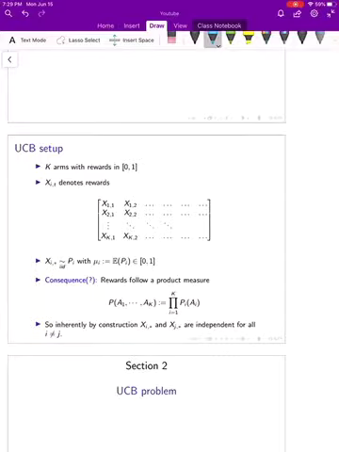So we have K arms, the capital K arms. So think of K slot machines in a casino, 1, 2 through K, and each slot machine or an arm gives you a reward which is bounded. For simplicity, we can take it to be a value between 0 and 1. Every arm has a reward between 0 and 1.